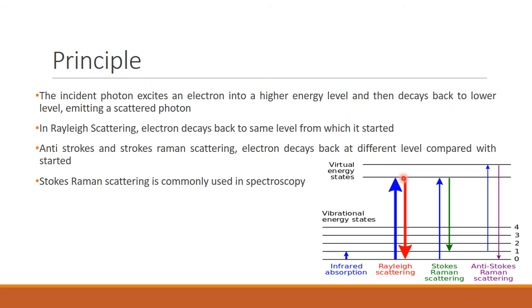After some time the electron decays and comes back to a lower energy state. If the electron comes back to the same lower energy state, then an electromagnetic radiation comes out with energy equal to the difference between the two energy states, which is the same as that of the initial case. That is, the incident energy and the scattered light's energy are both the same.